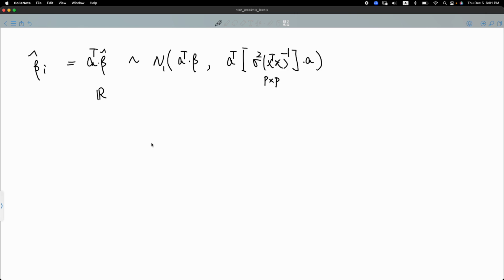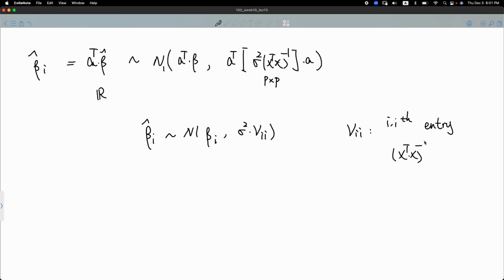So now let's clean up some notes. We have the beta i hat following a normal distribution. And then also the same thing here: you are just getting the ith element of the true value, so you're getting the beta i here. And then you have the sigma square v_ii, where v_ii is just the ii entry of X transpose X inverse.